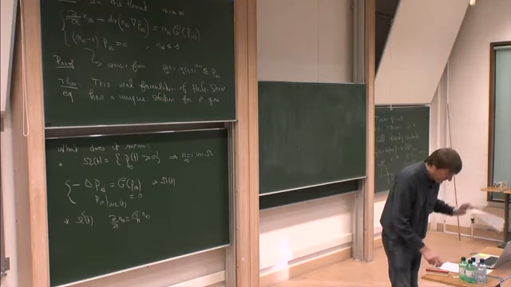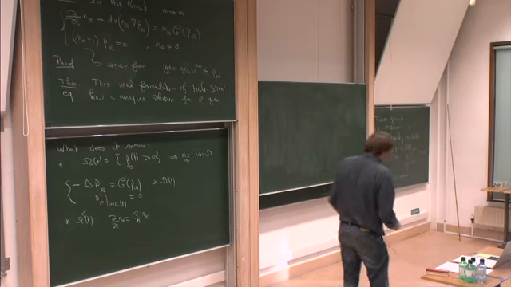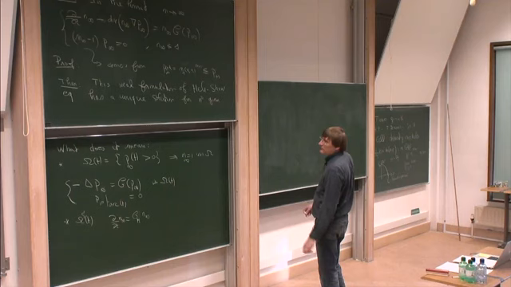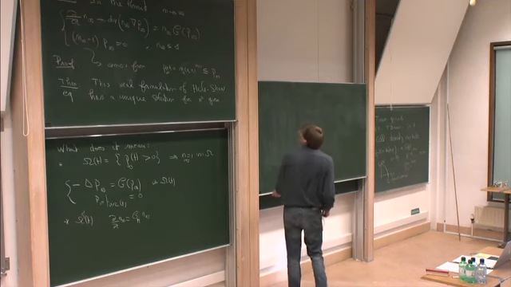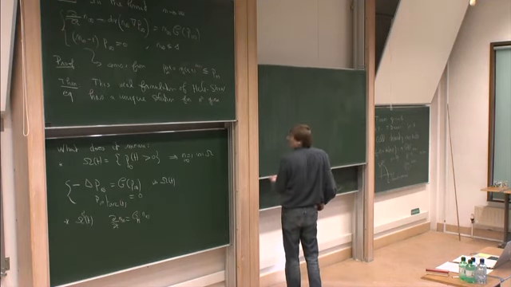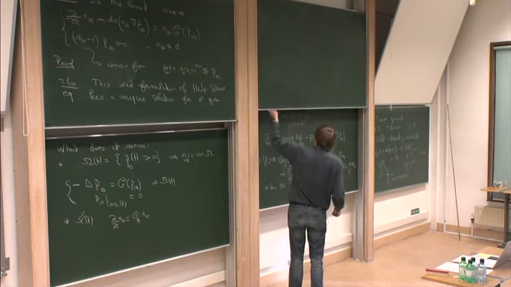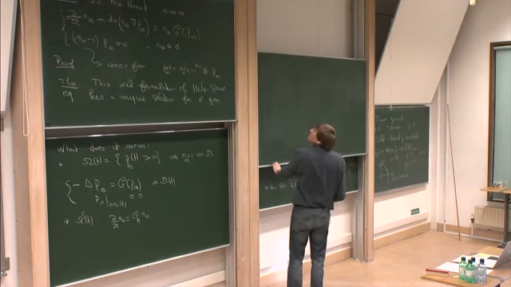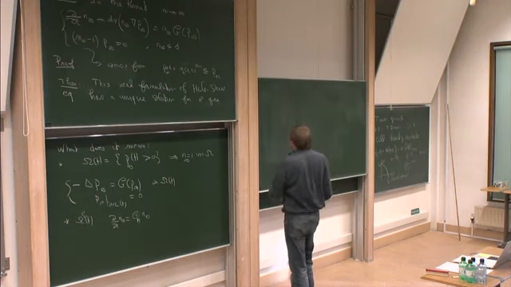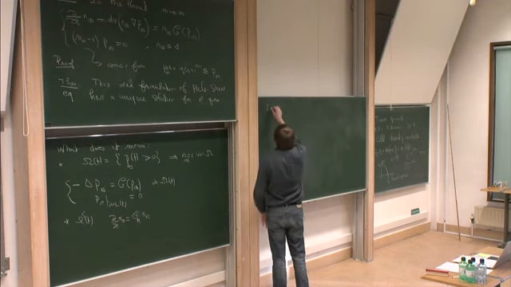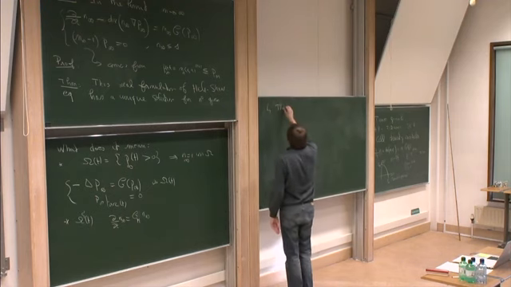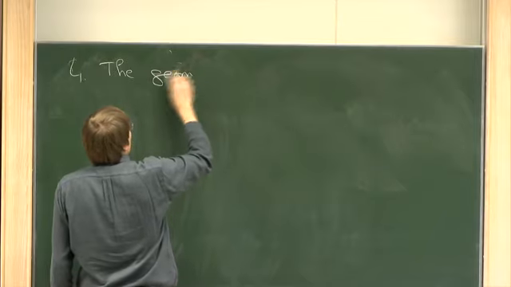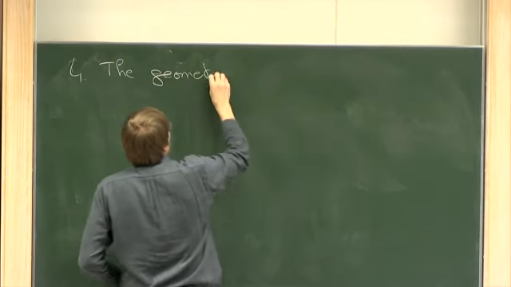So this is something last. Okay, so I'm a little bit lost with the numbers now. So this is, let's say, 4, the geometric motion.